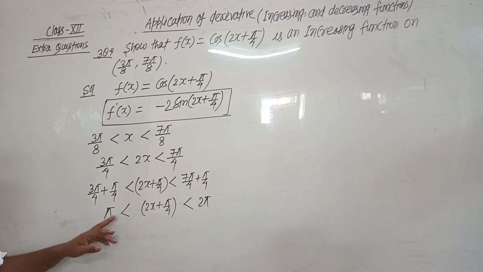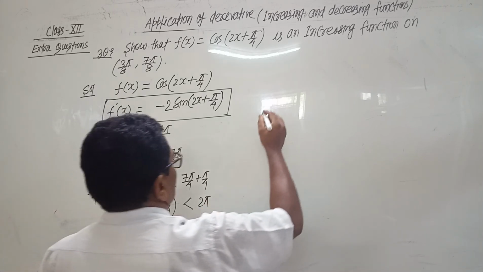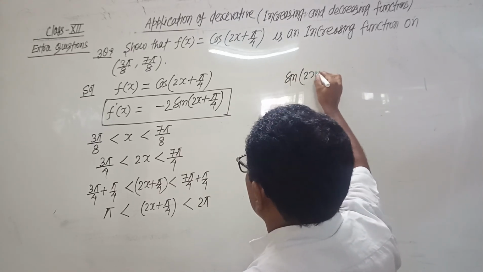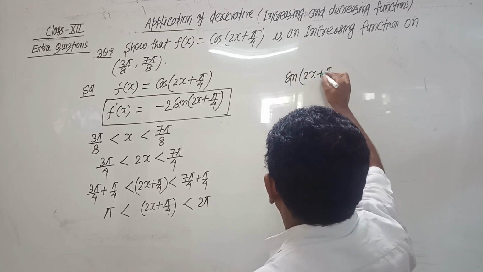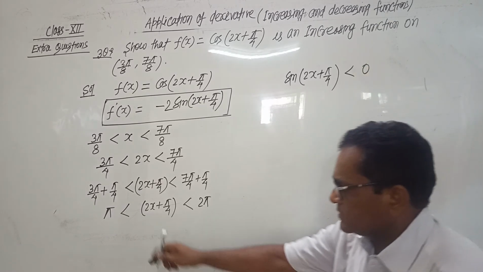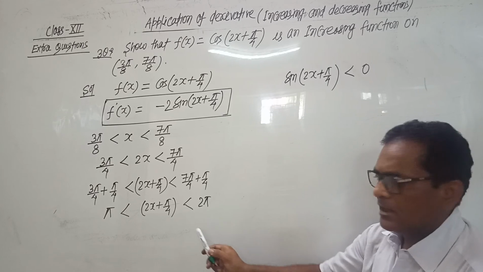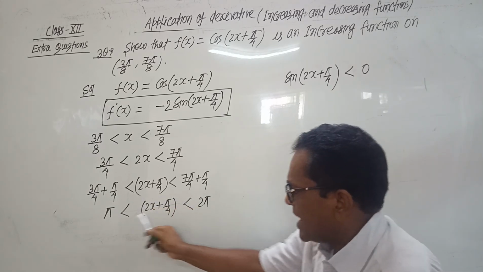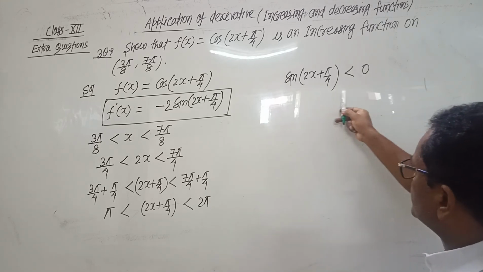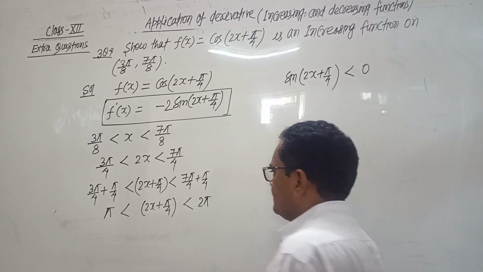Now pi to 2 pi means the third quadrant and fourth quadrant. And we know that sine of (2x plus pi by 4) is less than 0 in the third quadrant and fourth quadrant. The value of theta lies from pi to 2 pi, which means in the third and fourth quadrants the value of sine theta is less than 0.